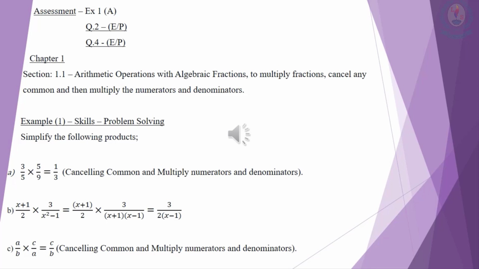The final answer is 3 over 2 times x minus 1. C part, a over b into c over a, which is equal to c over b, cancelling common factors and multiplying numerators and denominators.